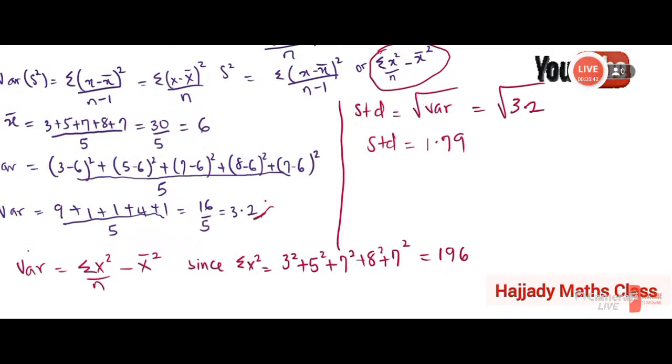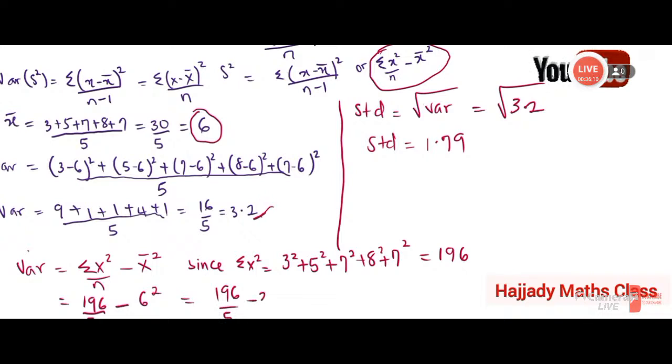Okay, and don't forget our x bar squared. In this case, my variance is going to be summation x squared, which is 196, over 5, which is the number of observations, minus x bar all squared. My x bar from here is 6, so minus 6 squared. So this is going to be 196 over 5 minus 36.